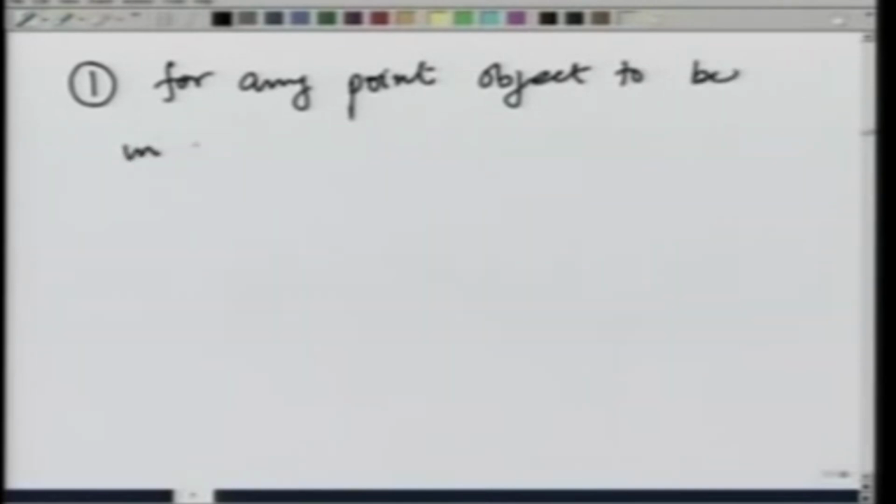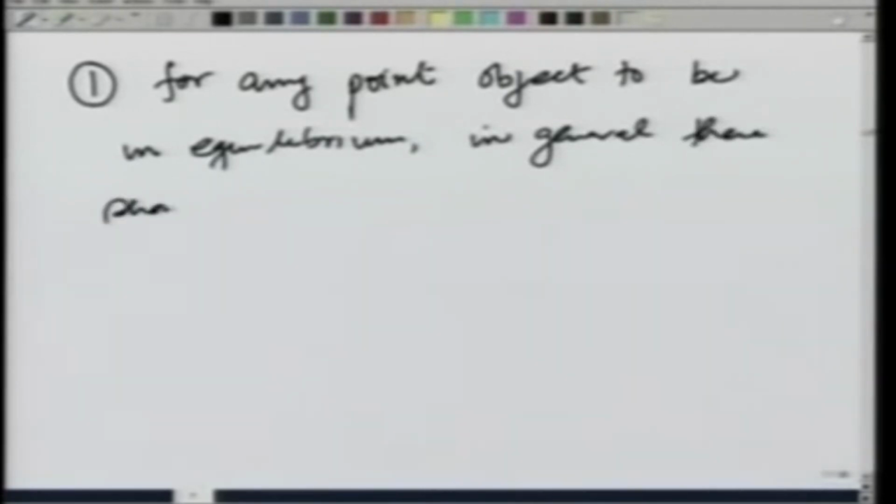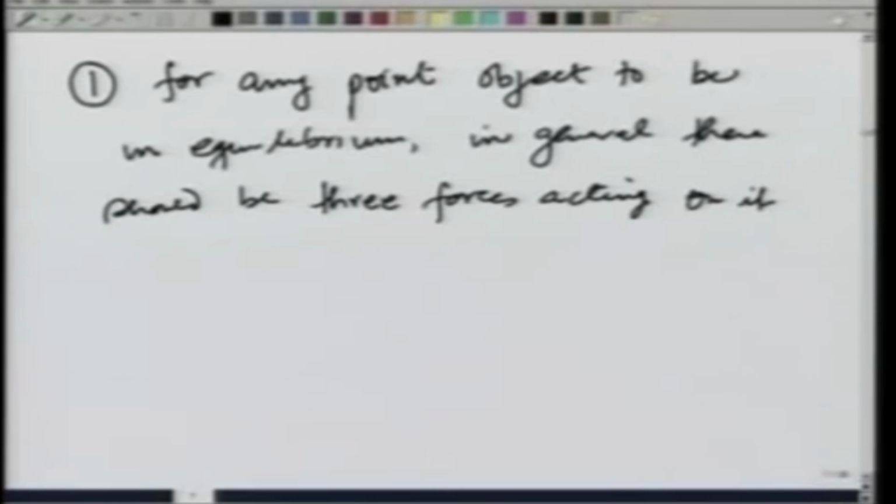Now, to motivate the trusses, I note 2 points. Number 1, for any point object to be in equilibrium, in general there should be 3 forces acting on it, minimum of 3 forces.